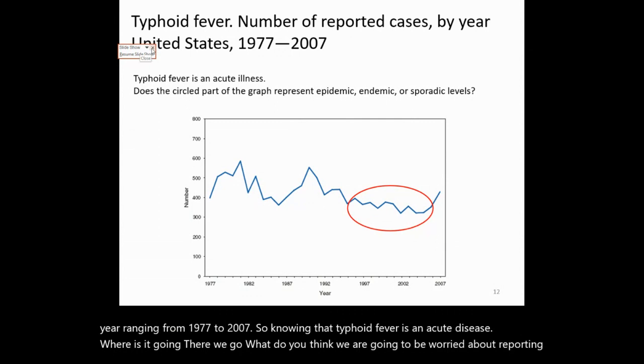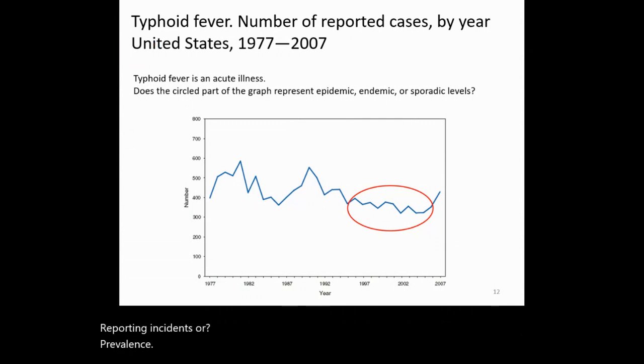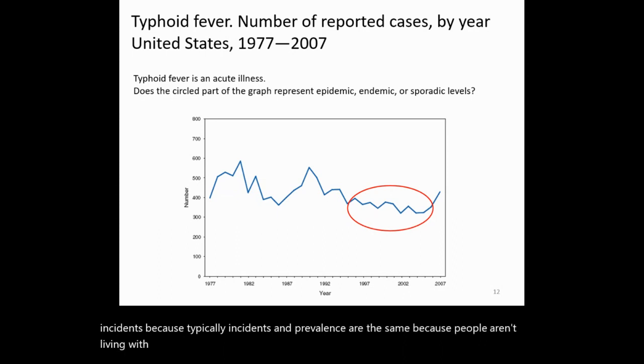Incidence or prevalence? Well, remember from the last video, if it's an acute disease, then we are going to report incidence because typically incidence and prevalence are the same because people aren't living with the disease for a very long period of time. So that's the information that we're worried about here.